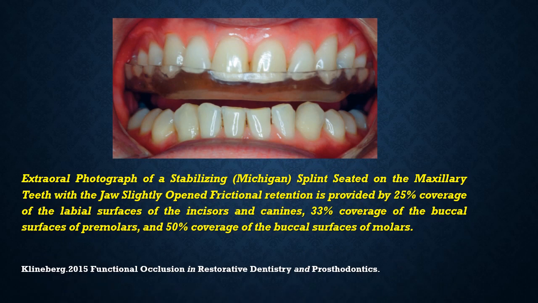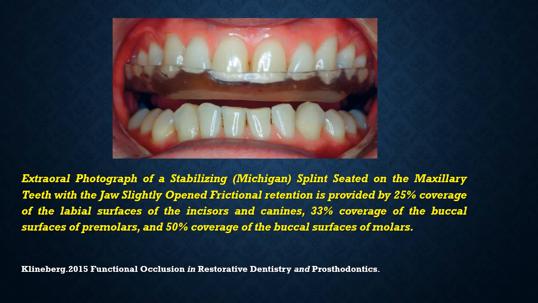Well, this is a photograph of the Michigan stabilizing splint. It is to be seated on the maxillary teeth when the jaws are slightly opened, and retention is achieved by friction.